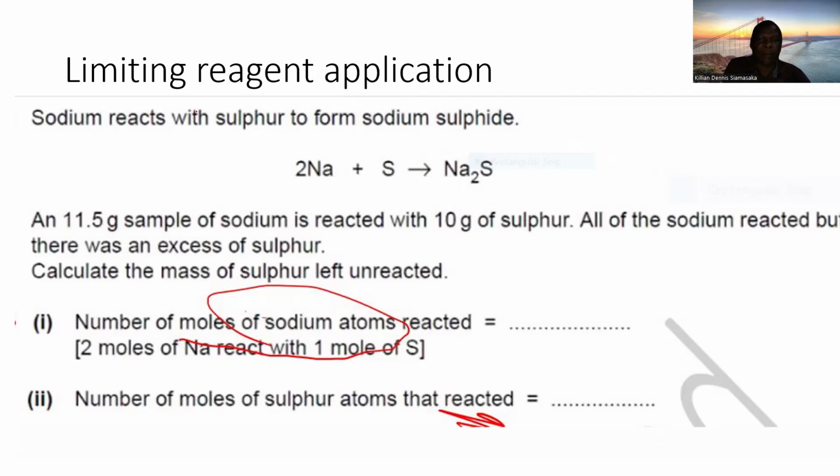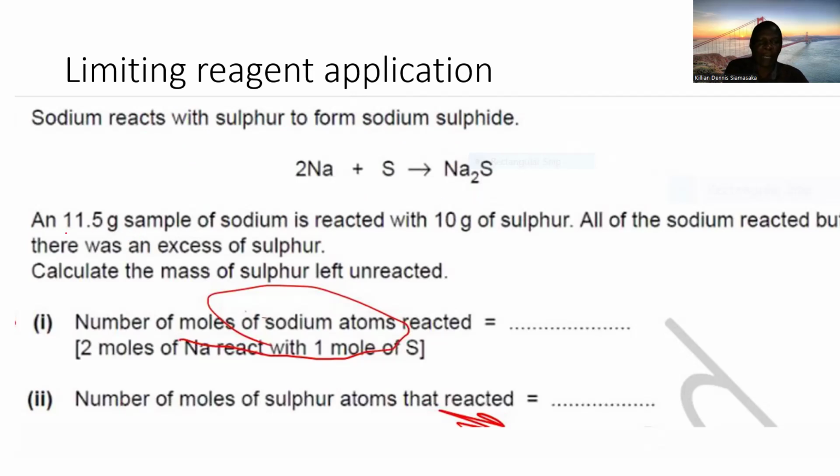And so here is the past paper question. Sodium reacts with sulfur to form sodium sulfide. And this is the equation. An 11.5 gram sample of sodium is reacted with 10 grams of sulfur. All of the sodium reacted, but there was an excess of sulfur.